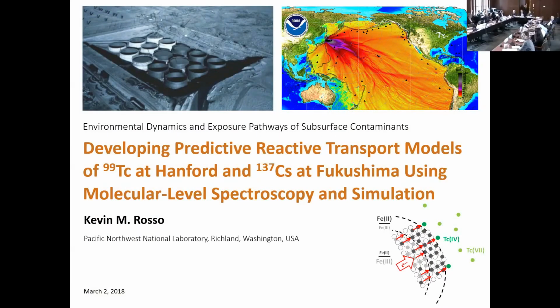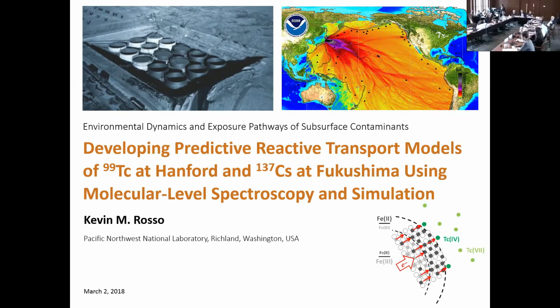The charge, as I understood it, was to show you one or two examples where we use molecular scale information to help decision making in terms of predictive modeling. So I will feature two examples in this 20-minute talk, roughly 10 minutes apiece. First, trying to understand the reactive transport of technetium-99 at Hanford.